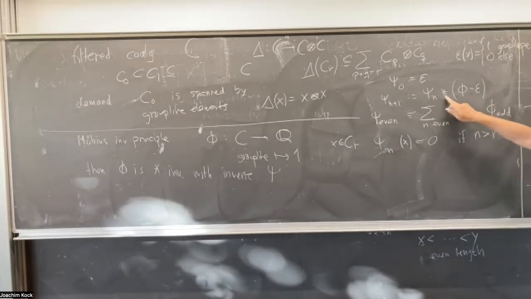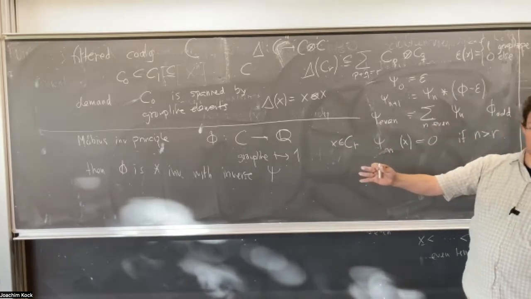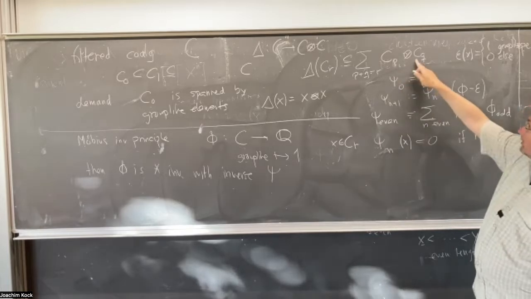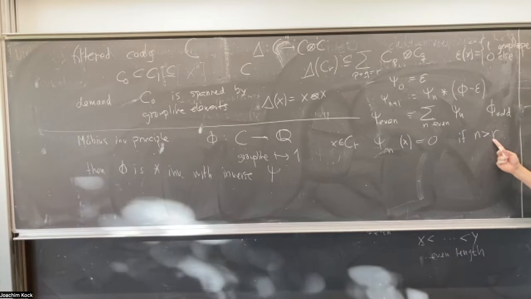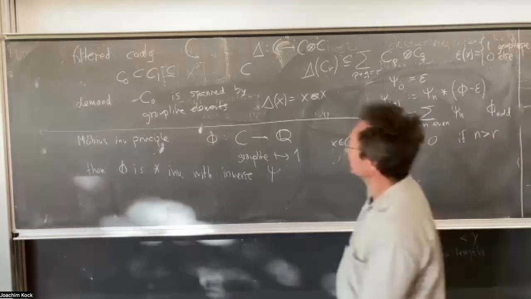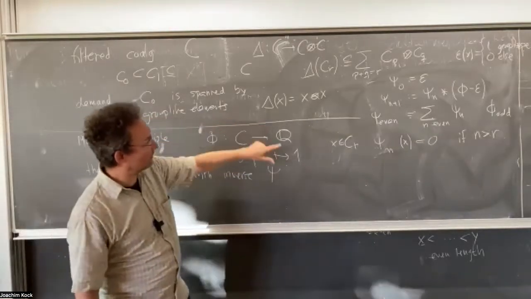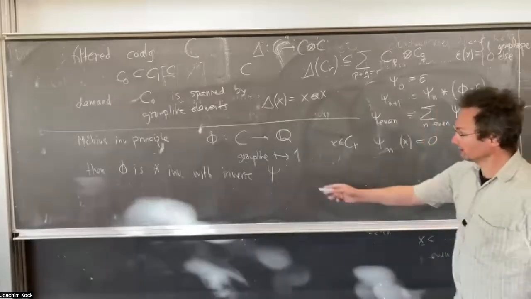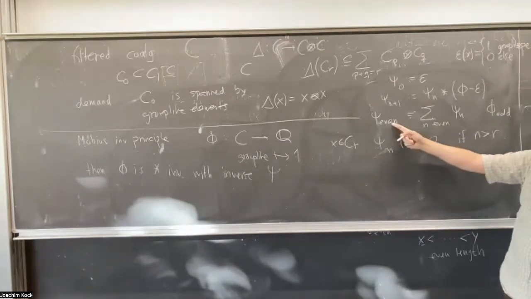Because this convolution first splits x into n factors. And since it has to go down in filtration degree, one of these n factors must be of degree 0, if n is bigger than r. So if it's of degree 0, then it can be written as a linear combination of group-like elements. But on the group-like elements, these two agree, so the difference is 0. So even though this is an infinite sum of functions, it's still a valid function.